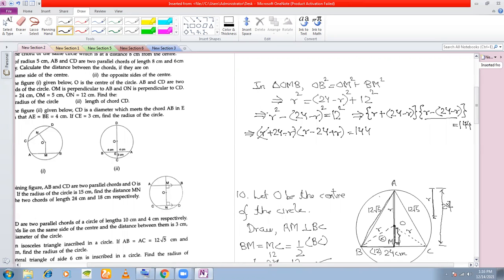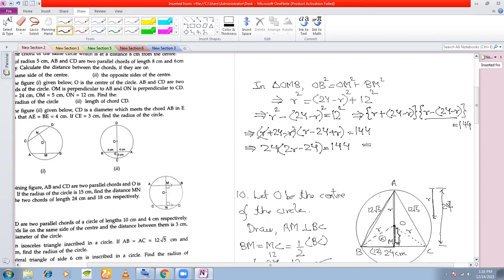So here plus R and minus R is going to cancel. In the next step, what are you going to get? You're going to get 24 into 2R minus 24 is equal to 144, right?